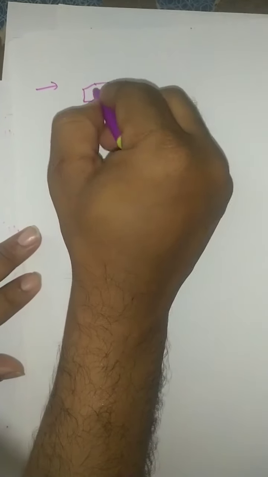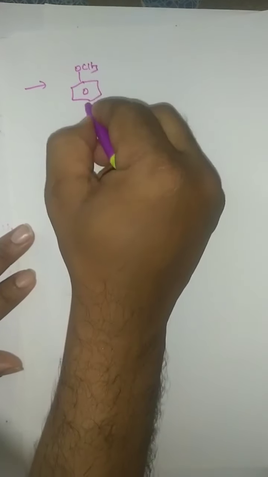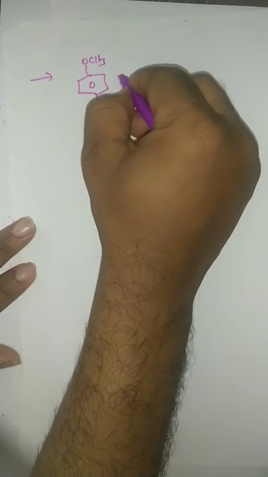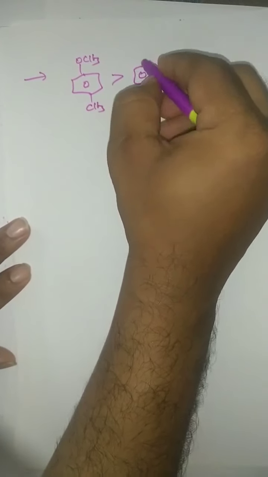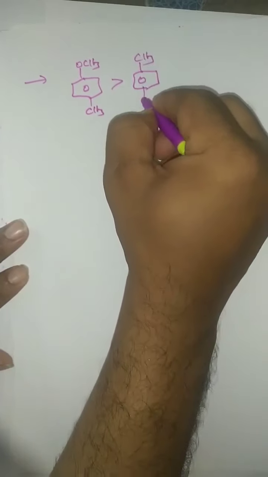Now, next one, a more important point. Suppose different groups are given. See, this is OCH3 group with methyl. This is methyl.